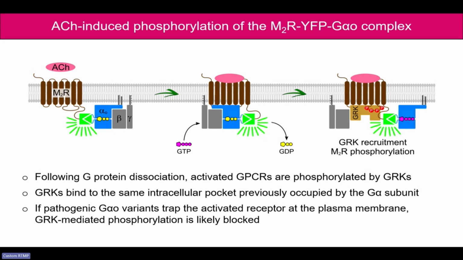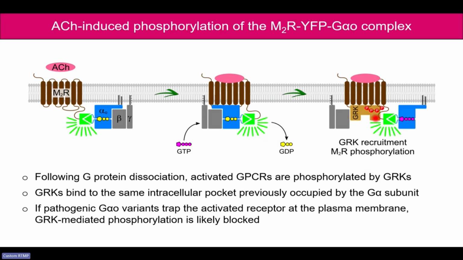And basically, as you know, upon coupling the G protein dissociates, so the alpha and beta-gamma subunits separate, and that opens up the pocket where the G-alpha subunit binds the receptor, and then the GPCR kinases come in and can phosphorylate the receptors.